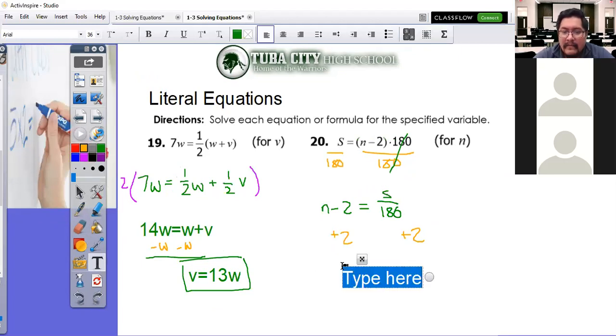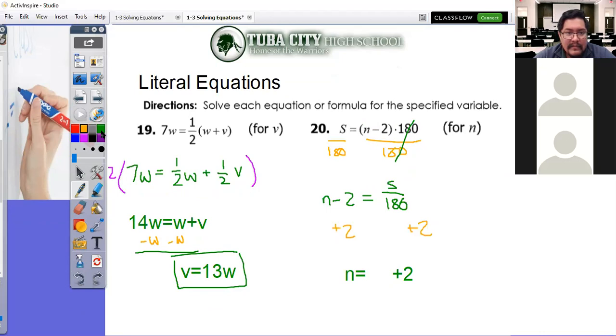So I get n equals s over 180 plus 2. I'm going to try to type it out. So there you go, that is what that would be. Let's box it up because that's our final answer, the solution to what we need.